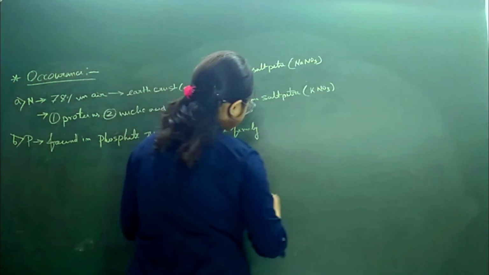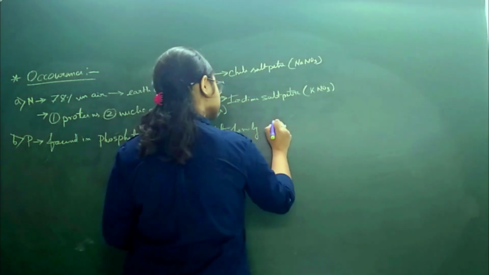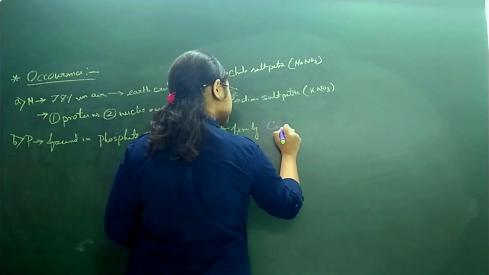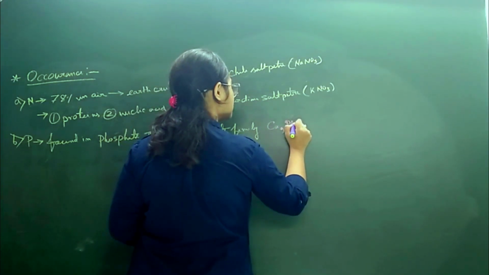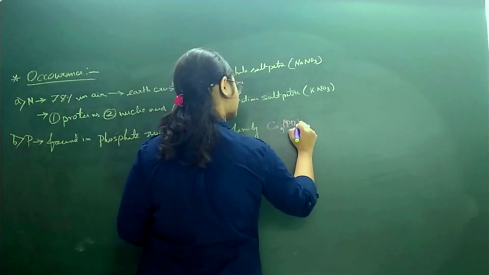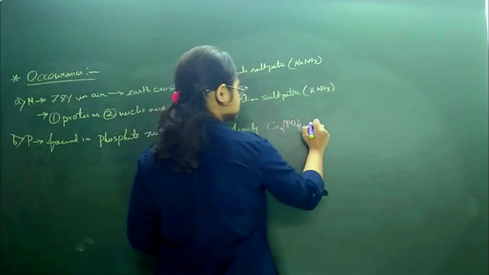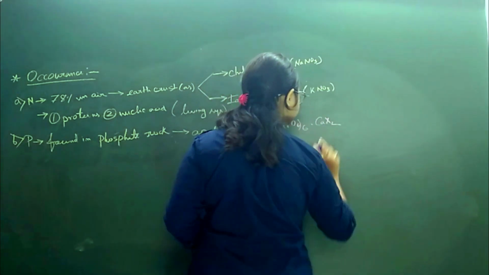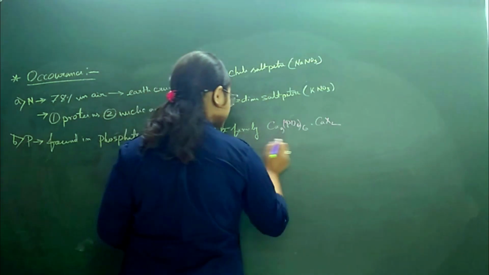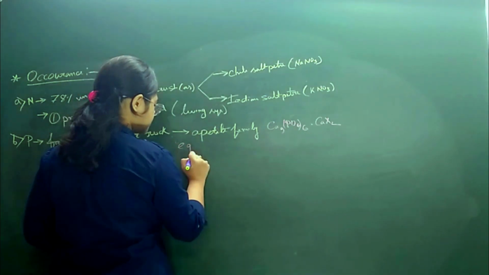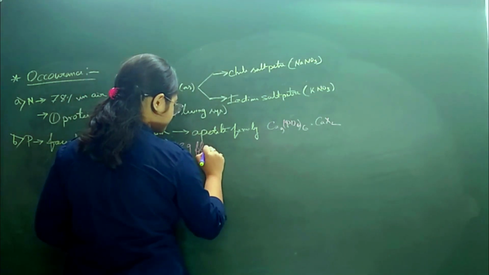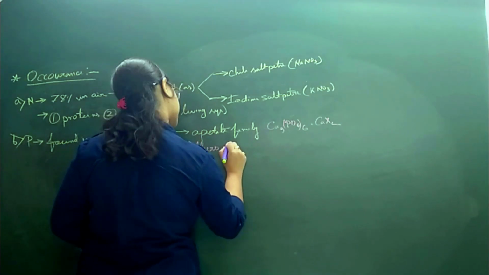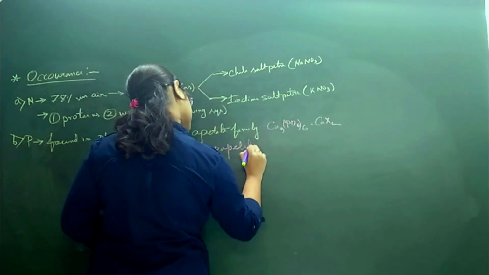The formula is Ca9(PO4)6·CaX2, where X is a halogen. An example is fluoroapatite.